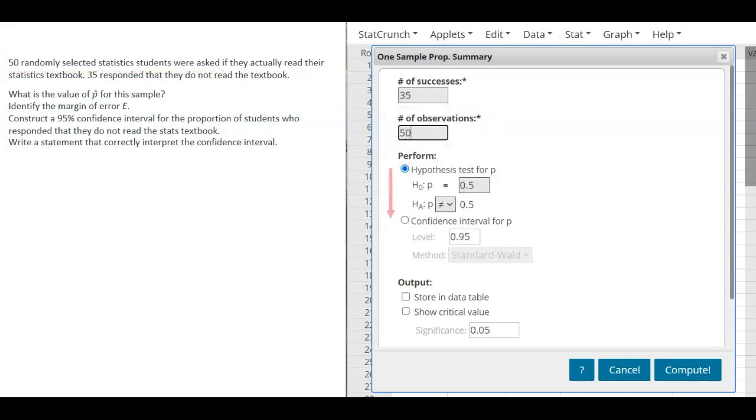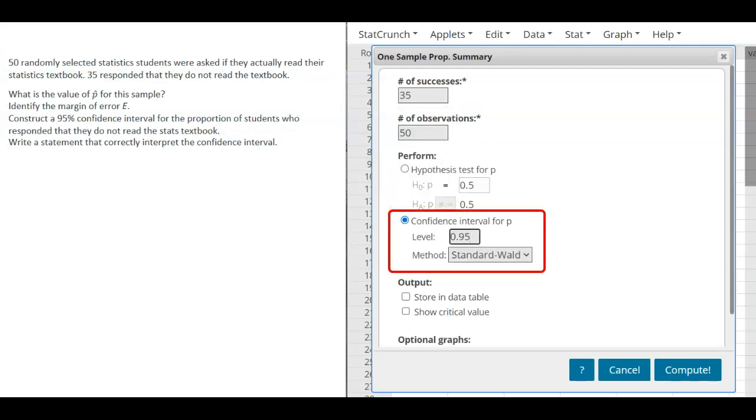Then we need to change from hypothesis test to confidence interval and adjust the level if needed. In this case, it's not needed because we are constructing a 95% confidence interval, so our confidence level is 0.95.